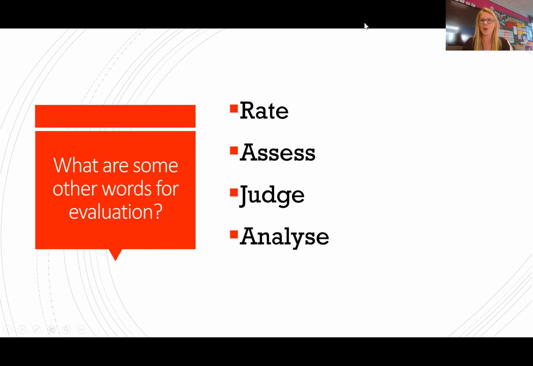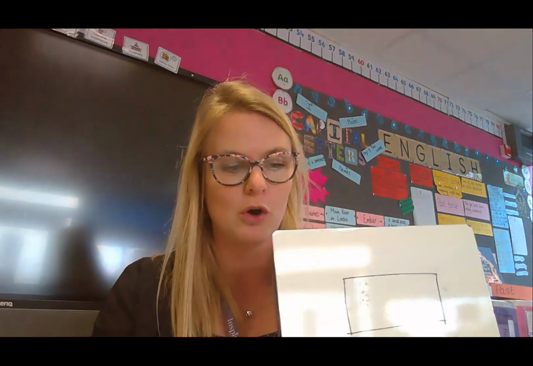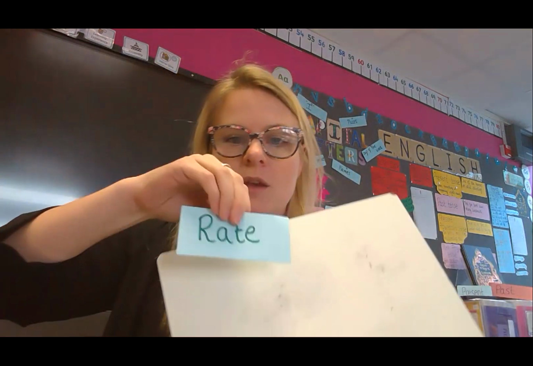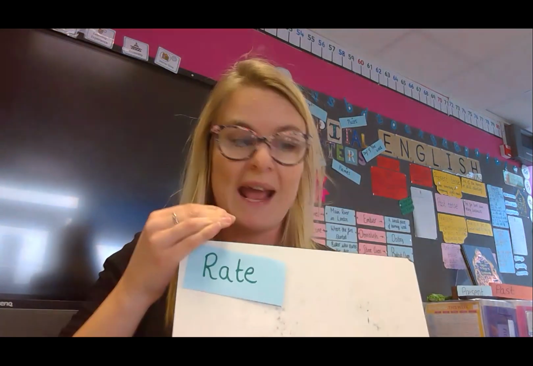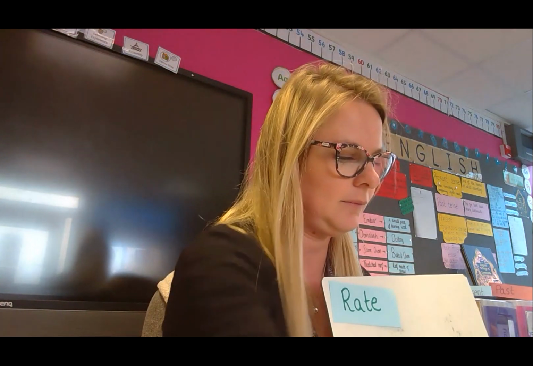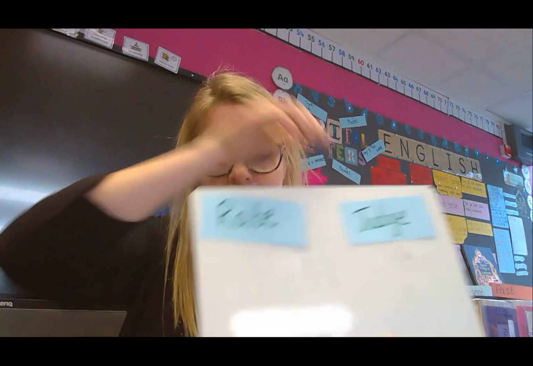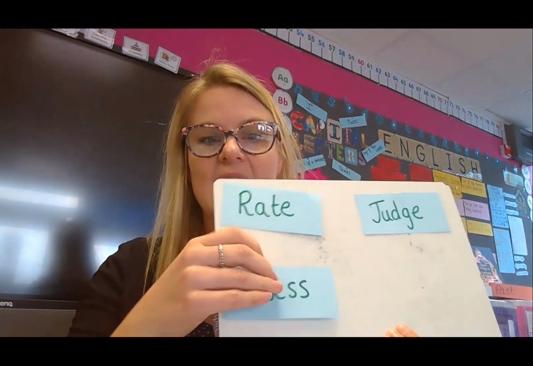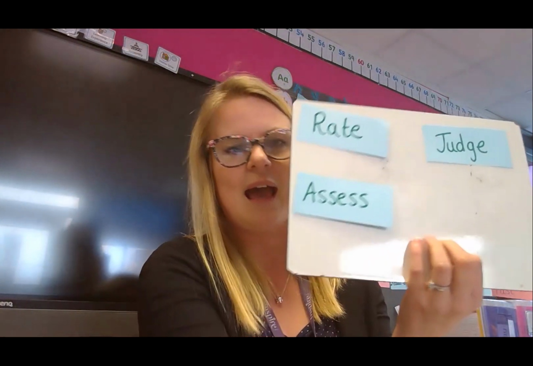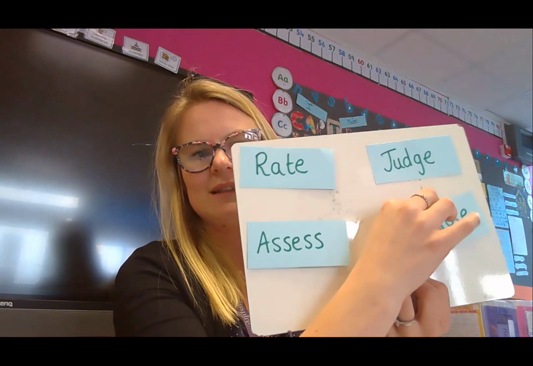Okay, we're going to play a quick game of Kim's Game. Now, if you haven't played this before, I have got our 4 new words that also mean the same as evaluation. So we've got rate, we've got judge, we've got assess, and we've got analyze.